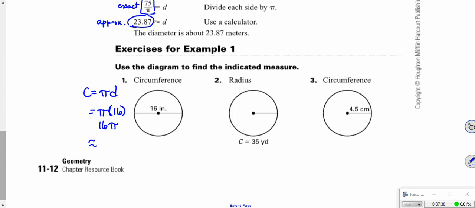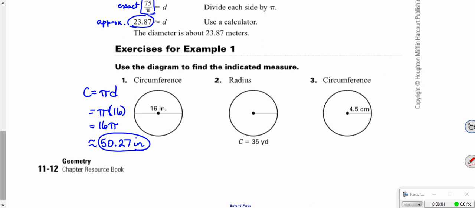That is approximately 50.27 when I poke it in my handy dandy calculator. And again, you have to label, this is inches. Approximately 50.27 inches. The exact answer would be 16 pi. Exact versus rounded or approximate.